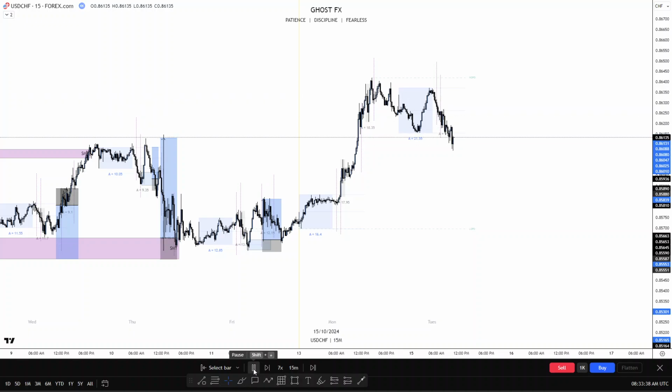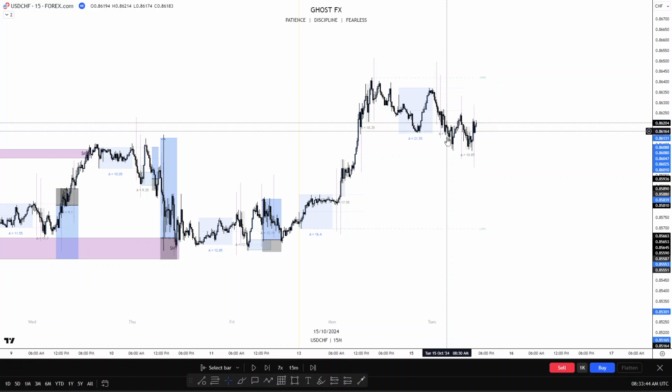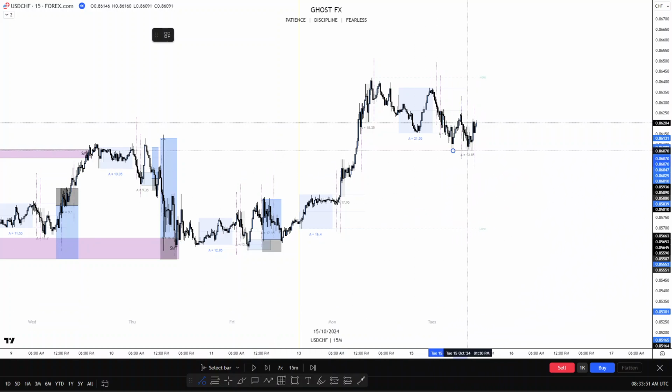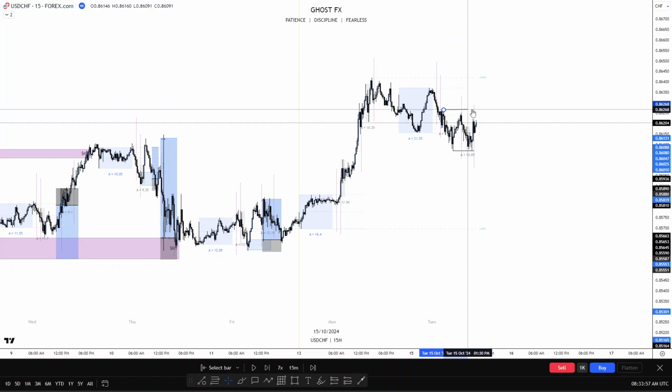Okay, so now I induce Asian low, break of market structure. No break of market structure yet. Equal lows here. I will be very, very cautious about that. Equal lows. Also, this high here has not been broken yet.